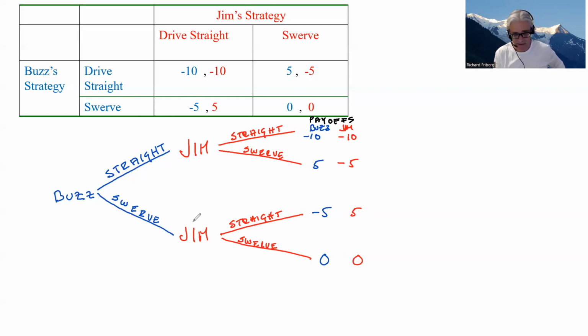We have the players, we have the set of strategies, and we have the payoffs. What we do when we write the game tree, as opposed to the payoff matrix, or in other words, what we do when we have the extensive form rather than the normal form, is that we account for time. Okay, the sequencing of moves.